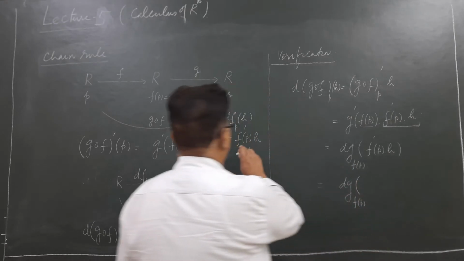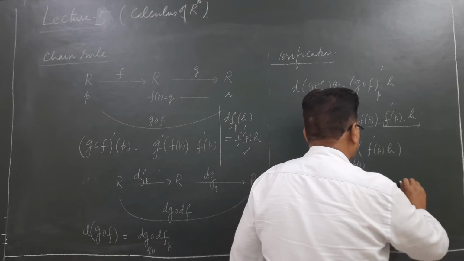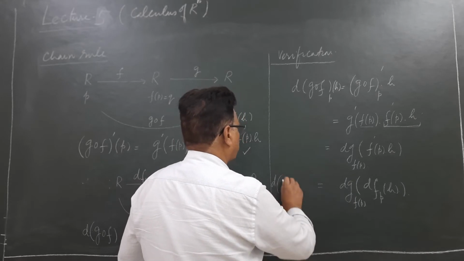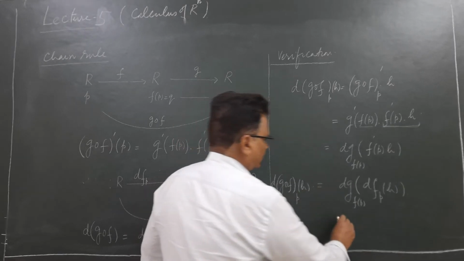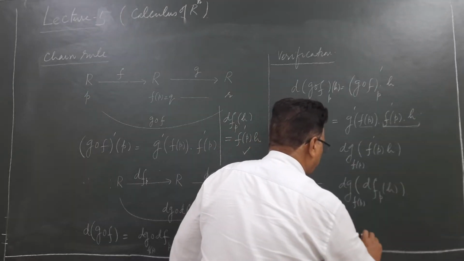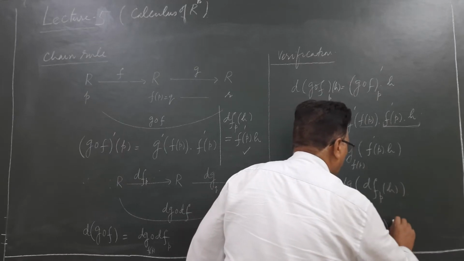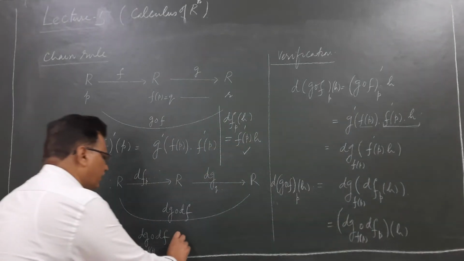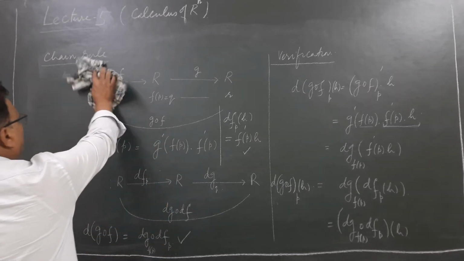According to this rule once again, it is df at P operating on h. The left hand side is d of (g composition f) at P operating on h, which is dg at f(P) composition df at P operating on h. This is true for every h, and therefore this equality is established. So, this is the chain rule for the differential of a function in the setting of real numbers.